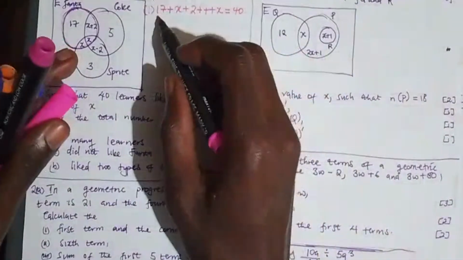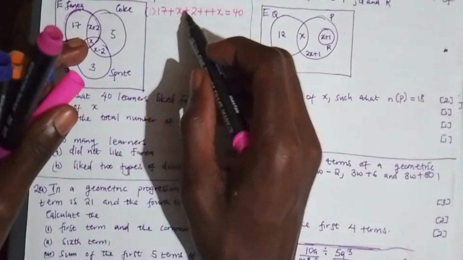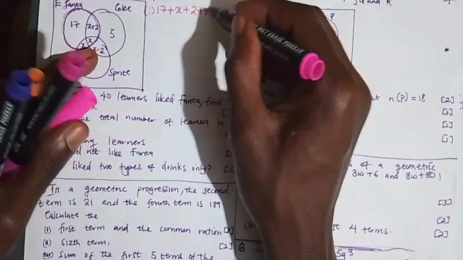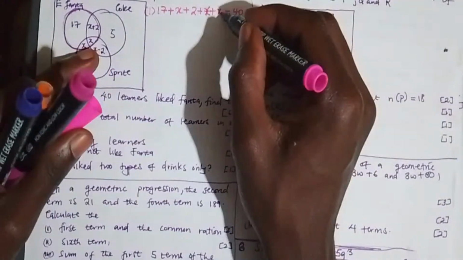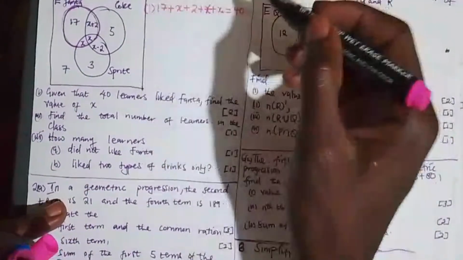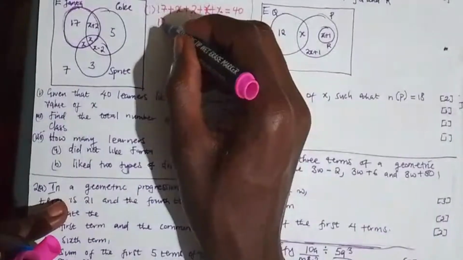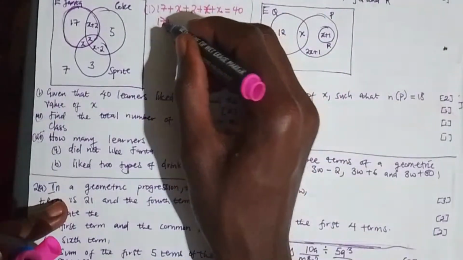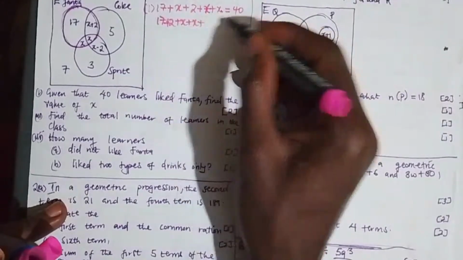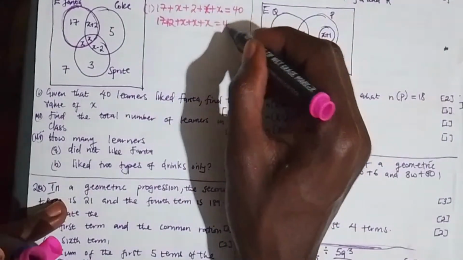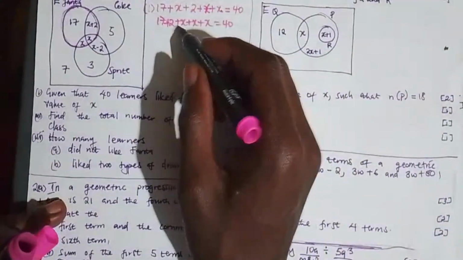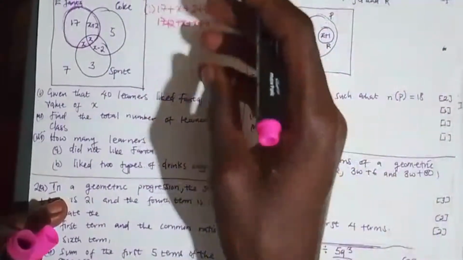So we have 17 plus x plus 2 plus x plus x is equal to 40. If we group the like terms, we have 17 plus 2 plus x plus x plus x is equal to 40. Then 17 plus 2, 17, 18, 19.